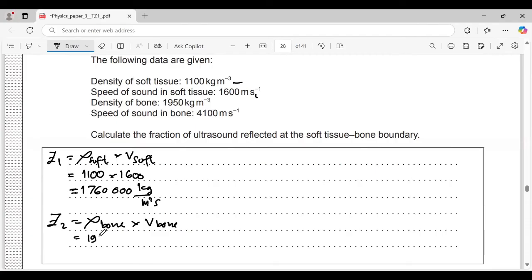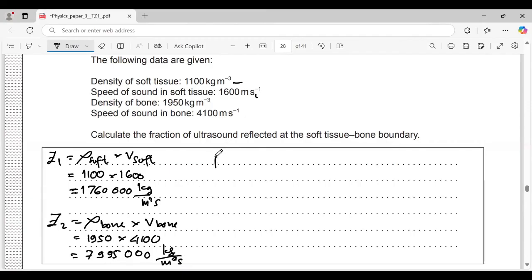It means 1950 multiply V bone, this one. And if you calculate, I have calculated this, 7,995,000 kilogram per meter squared second. Right.